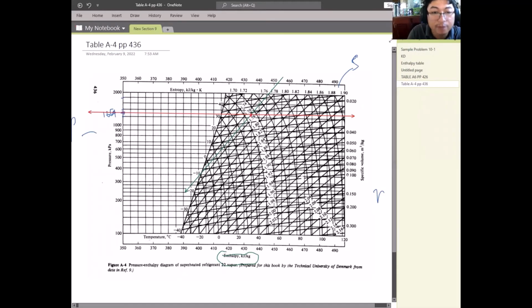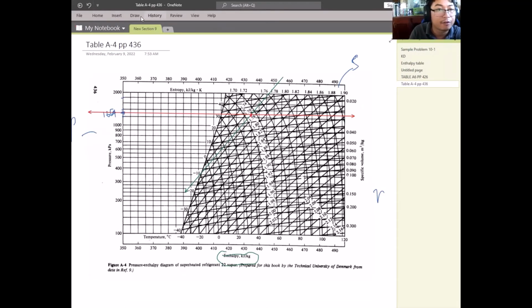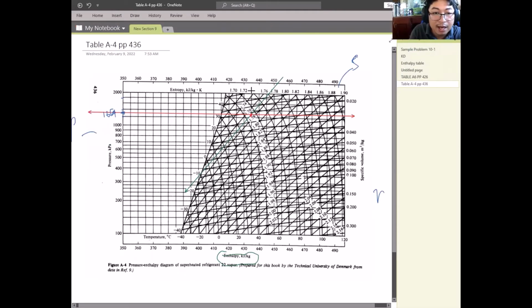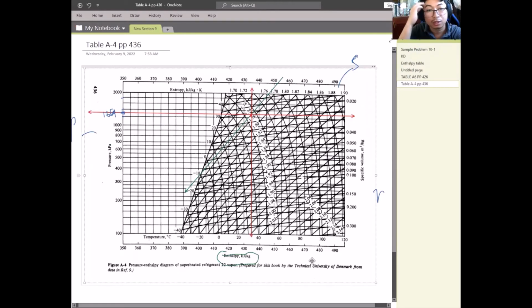This is the crossover point, and we will draw a vertical line.